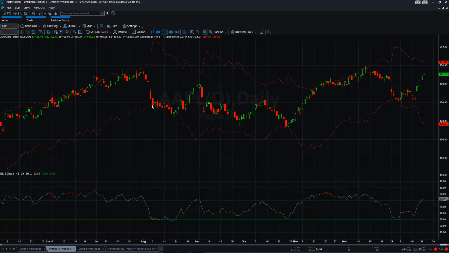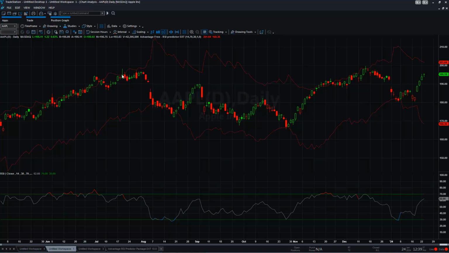So see, here the RSI is almost exactly 30 points, and the lower band is almost the same as the closing value of this candle.